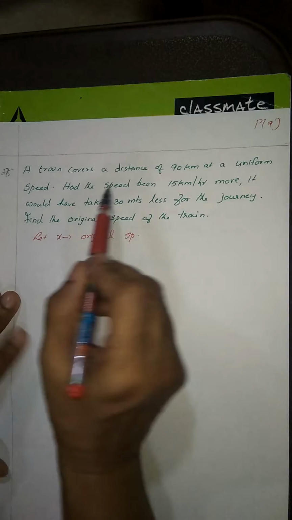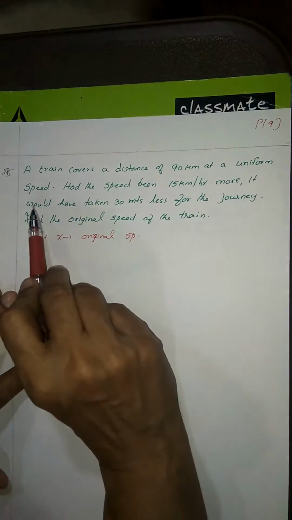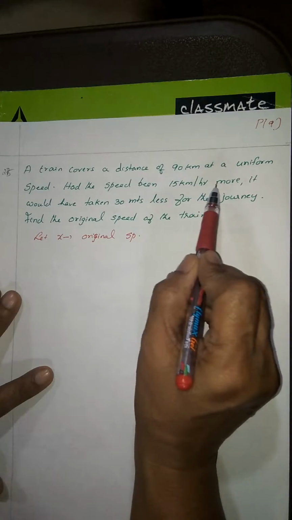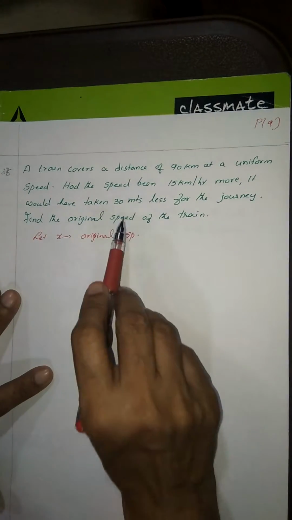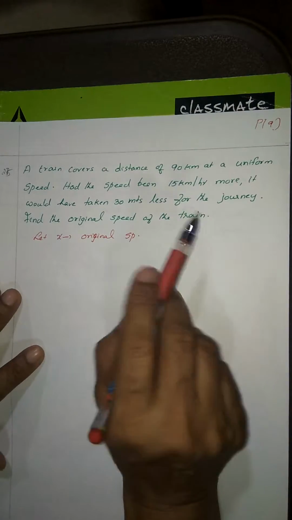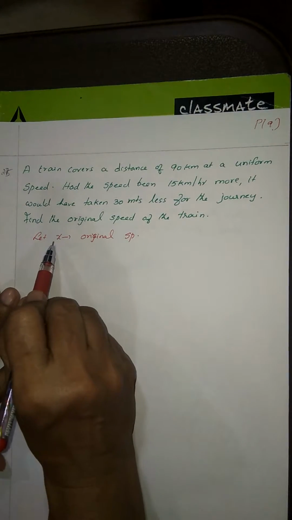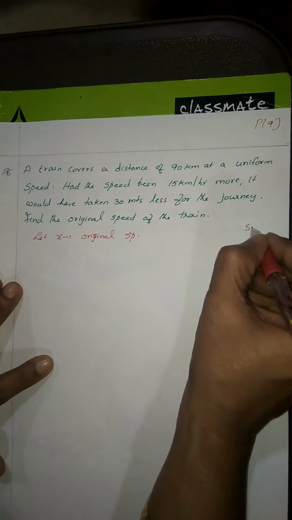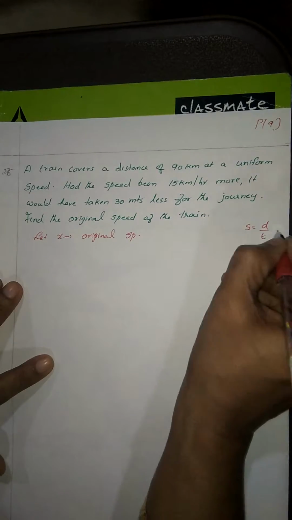A train covers a distance of 90 kilometers at a uniform speed. Had the speed been 15 kilometers per hour more, it would have taken 30 minutes less for the journey. Find the original speed of the train. So we will start with, let x be the original speed. Speed is equal to distance by time.